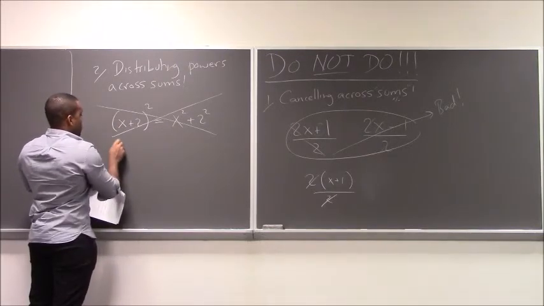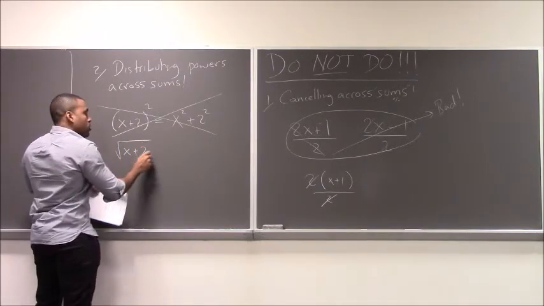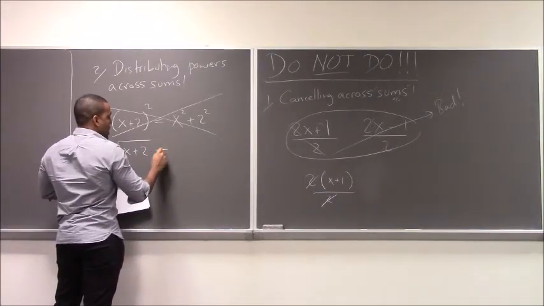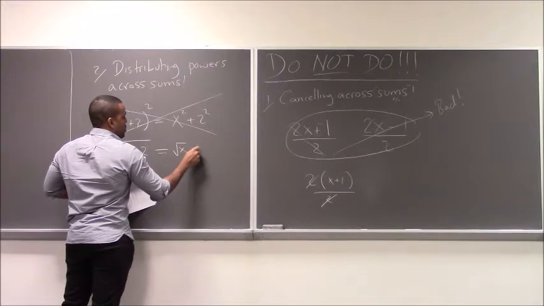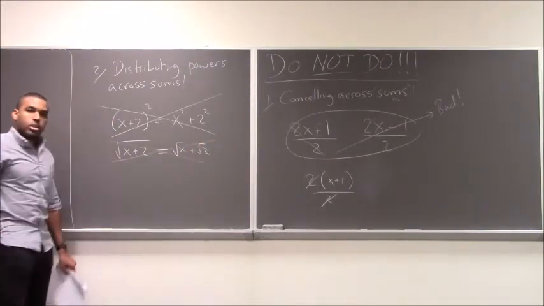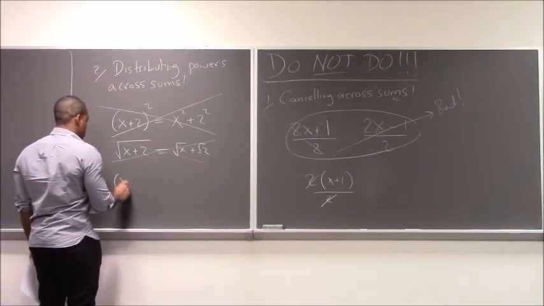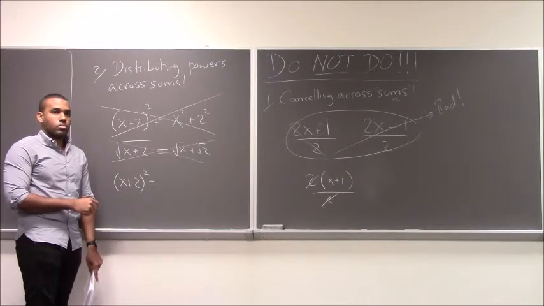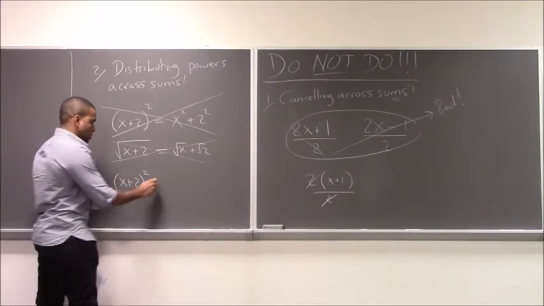In the same way, if you have a radical, hopefully you remember from algebra that radicals are really powers. You cannot say this is radical x plus radical 2. That is also incorrect. What is x plus 2 all squared? X squared plus 2x plus 4?